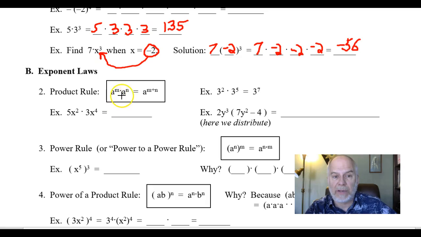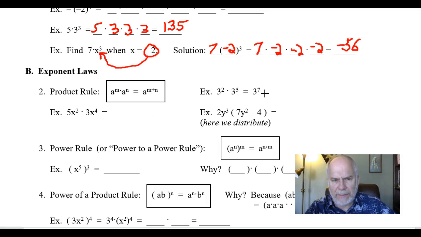So in other words, when you have two things with the same base, you can combine them by adding the exponents into one exponential expression by just adding the exponents. So here's an example. If you have 3 to the 2nd power times 3 to the 5th power, it would be 3 to the 7th power.